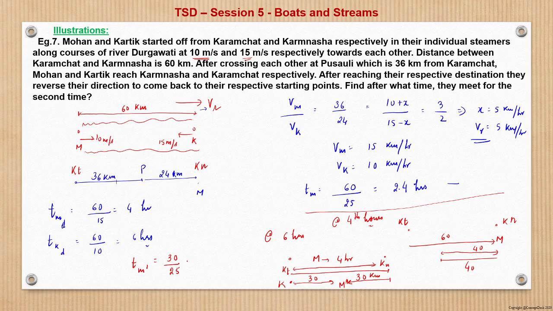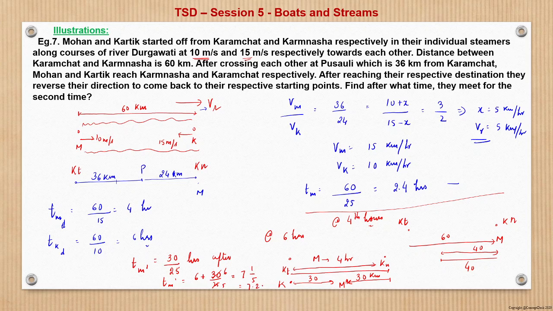So this is 30 by 25 hours after 6 hours, right? So basically Tm dash will be 6 plus 30 by 25, which means 7 whole 1 by 5, right?